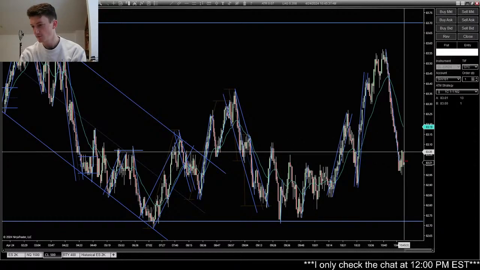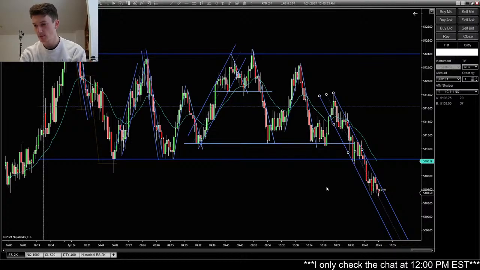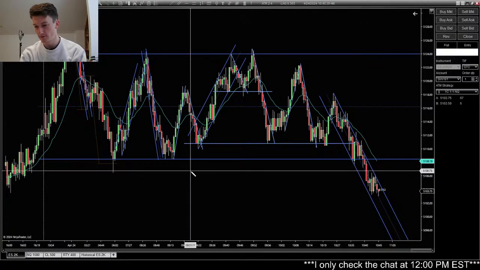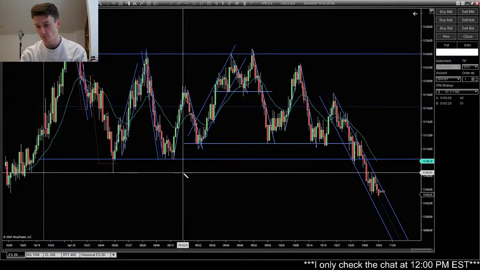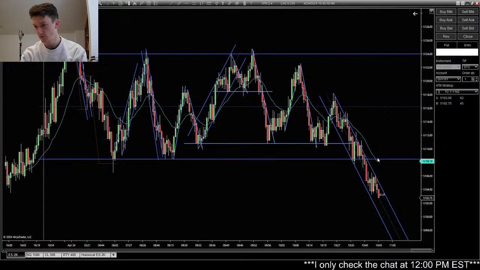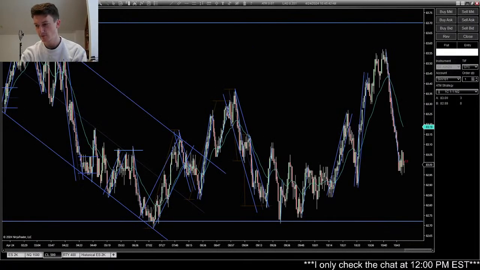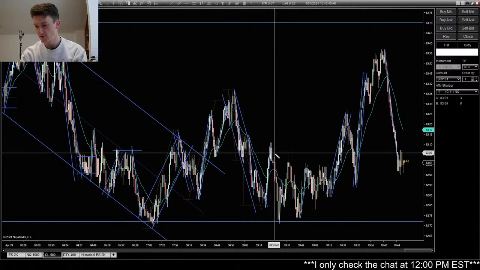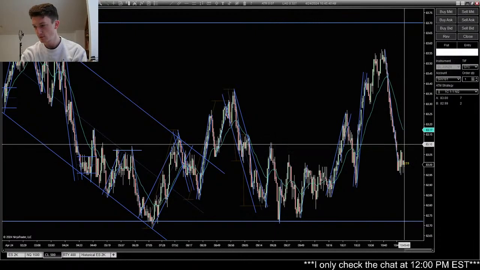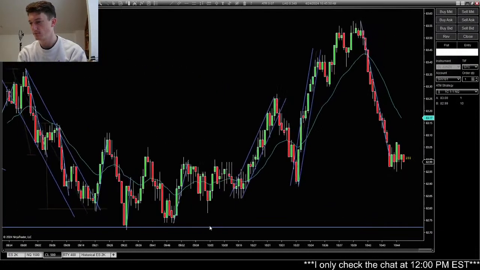No, actually, 120 bars. I think there's actually even more on the ES. I think it was 140 or something like that. 113. How many was this again? So 113 and 121. So that's basically dead on. It's crazy.